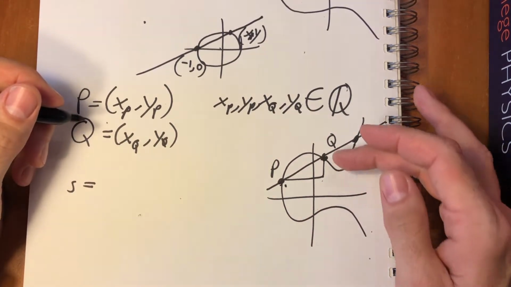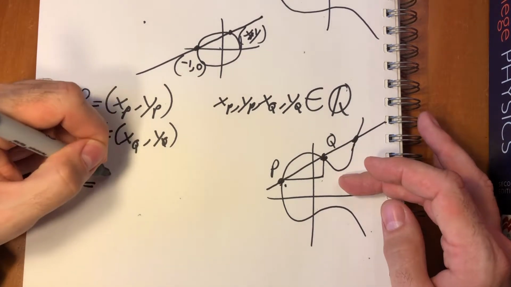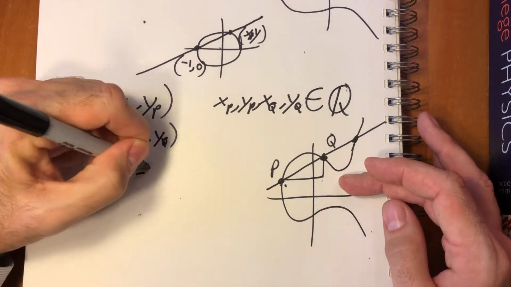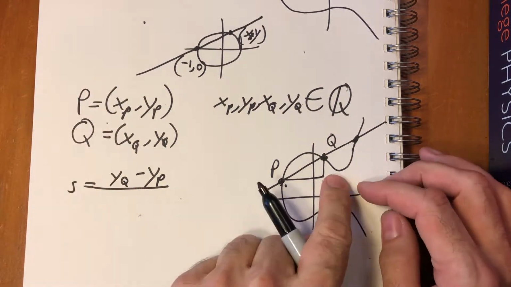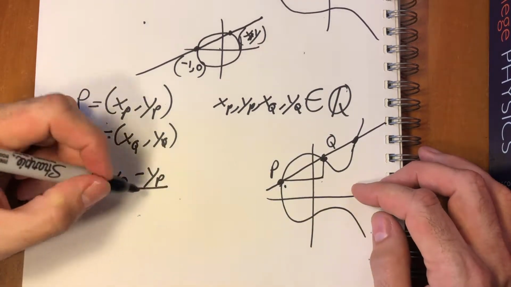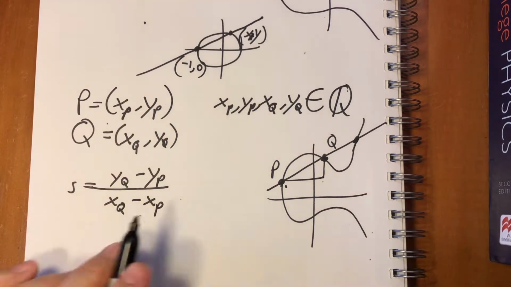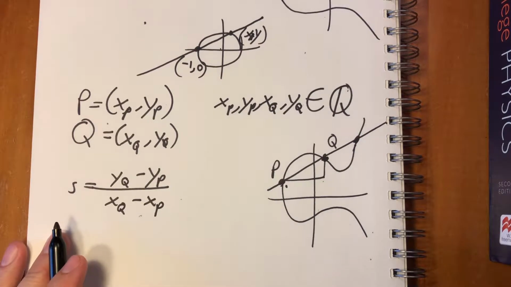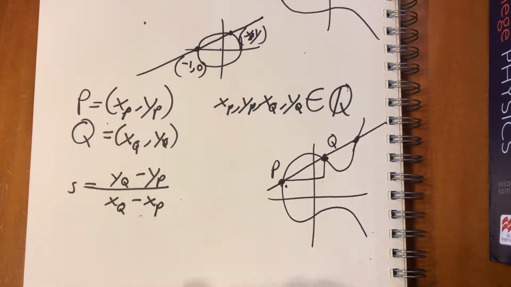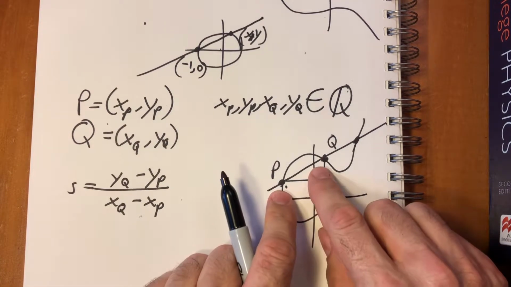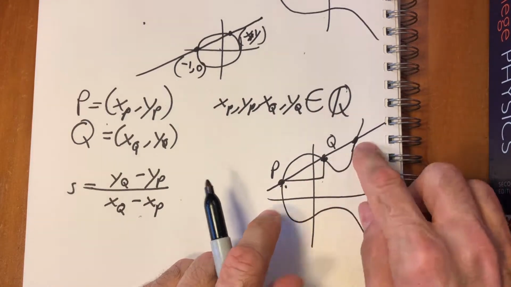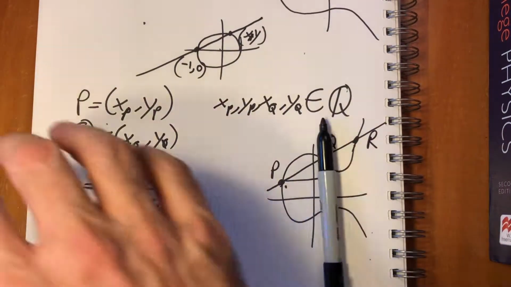The difference in y is yq minus yp. The difference in x is xq minus xp. This is the slope of this line. So what we're trying to prove is that if P and Q are rational, then R is going to be rational as well.